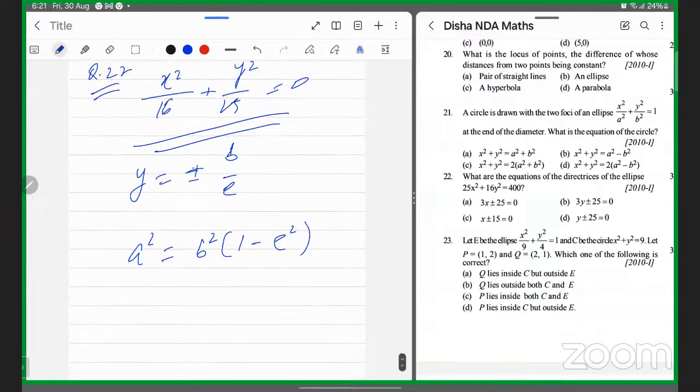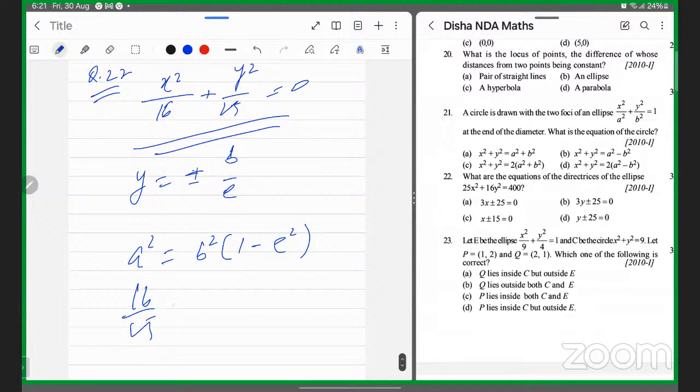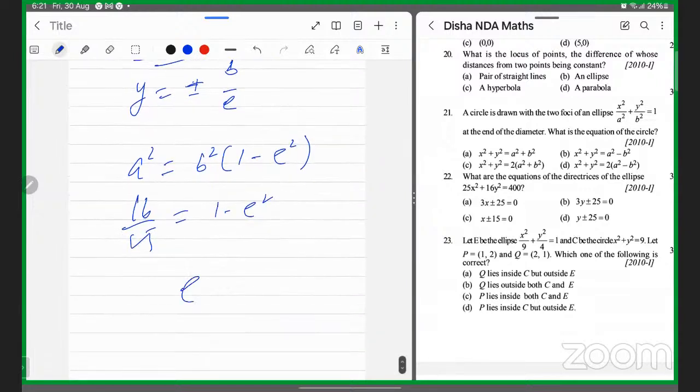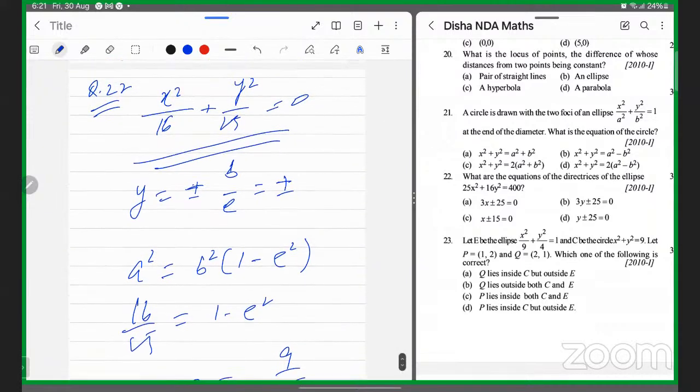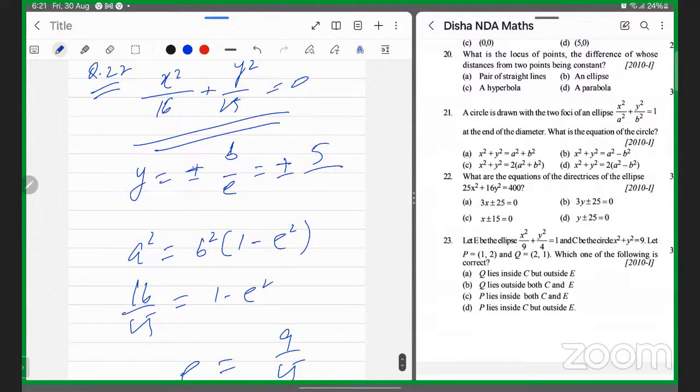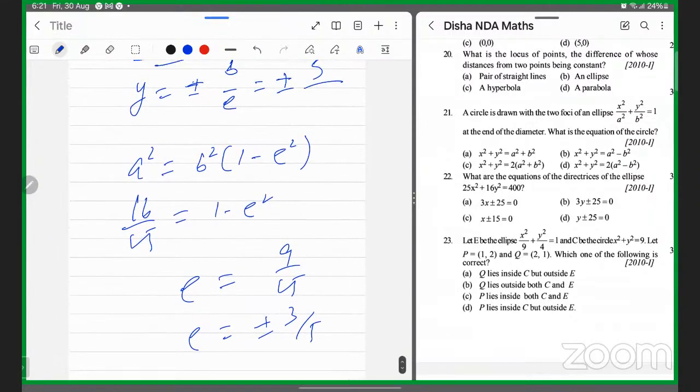So 16 is 25 into 1 minus e square, so e square is 9 upon 25 and e is 3 by 5. Here b is 5 and e is 3 by 5.